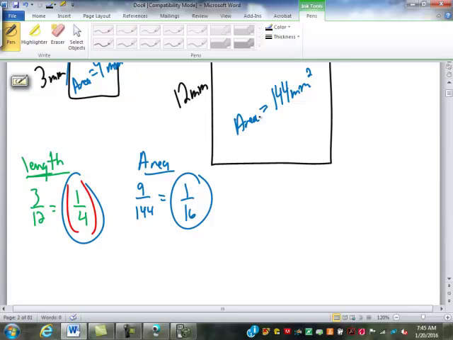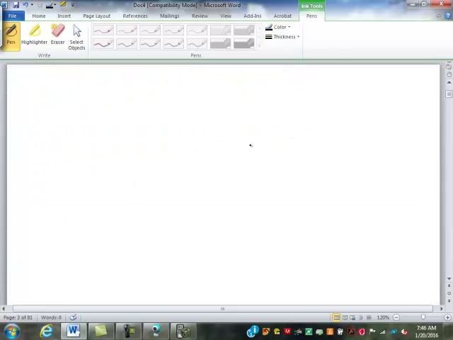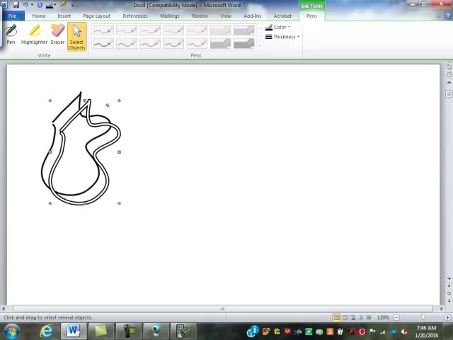Yeah, actually it will be when we get there, yes. We're going to get there next. So if I have a figure, let's say I have a really unusual, irregular figure, it looks something like this. And I enlarge it.